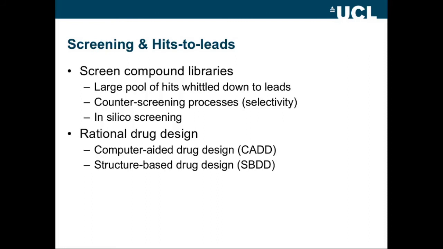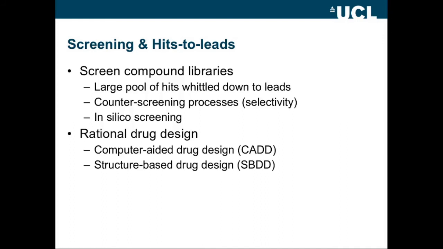So the next step, once we've identified a target, is to start looking for potential drug molecules. And this is somewhat outside the scope of this lecture, but still is part of the overall process, so I'm going to touch on it briefly. There are, of course, many ways of doing this, but essentially they fall into two categories.